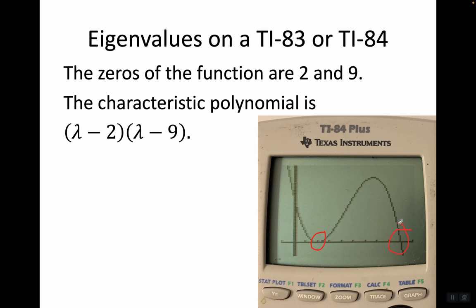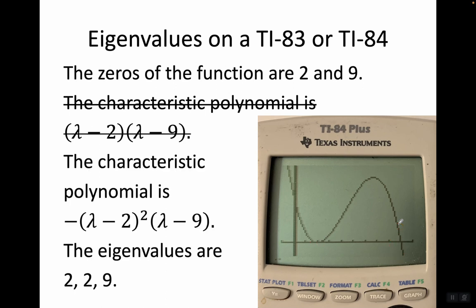Now it's tempting to think that the characteristic polynomial is going to be lambda minus 2 times lambda minus 9, because those are the eigenvalues, but that's actually not the case. Instead, the characteristic polynomial is negative lambda minus 2 squared times lambda minus 9. Now how on earth can you look at this graph and see that it's going to be lambda minus 2 squared instead of just lambda minus 2?